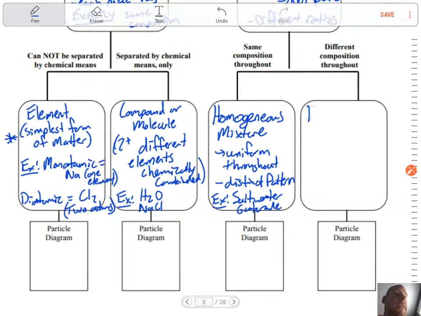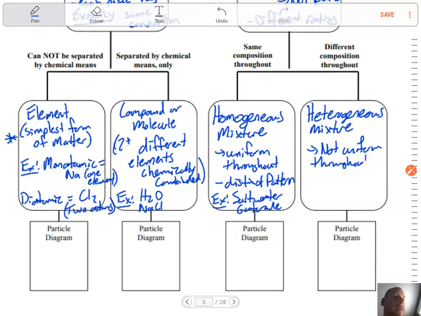Where if it has a different composition throughout, it's called heterogeneous. Heterogeneous mixture. Alright, so if homogeneous is the same, that means this is not uniform throughout.